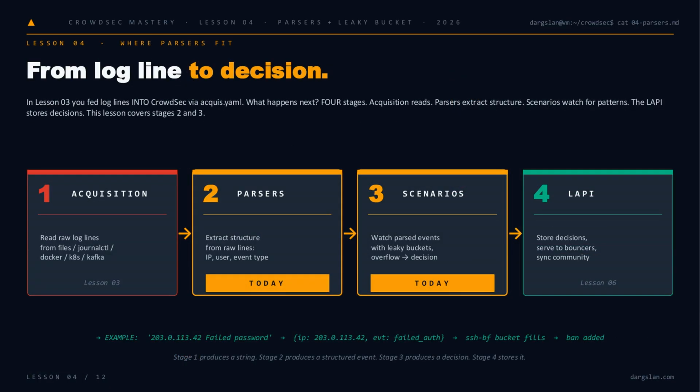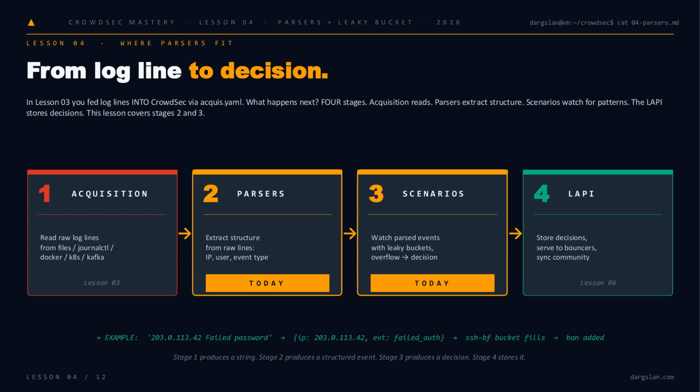So before we dive into syntax, let's situate ourselves on the map. CrowdSec's detection pipeline has 4 stages. Acquisition reads raw lines from files, journalctl, Docker, Kubernetes, or Kafka. That's what you wired up in Lesson 03.